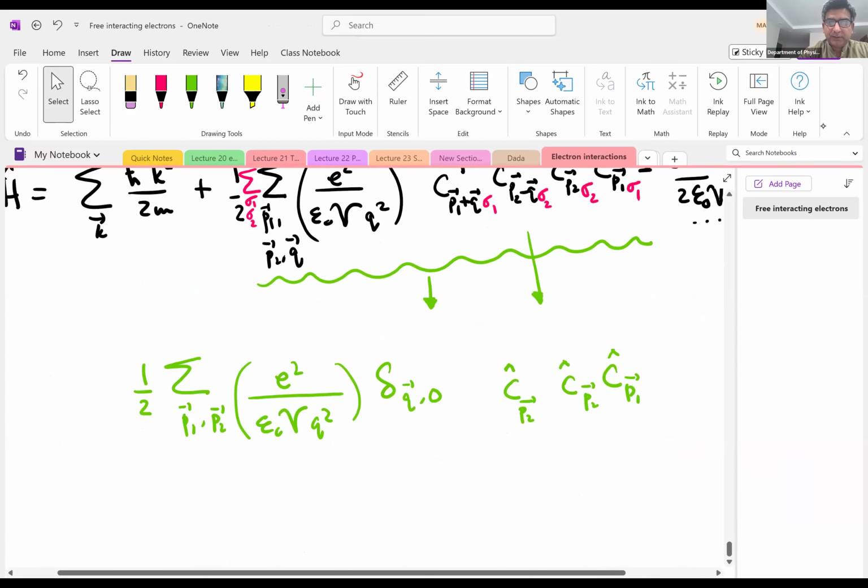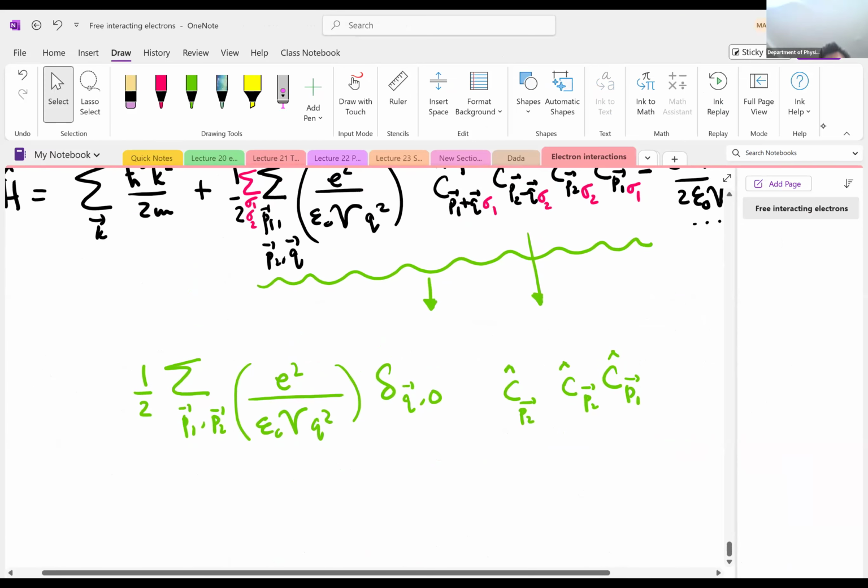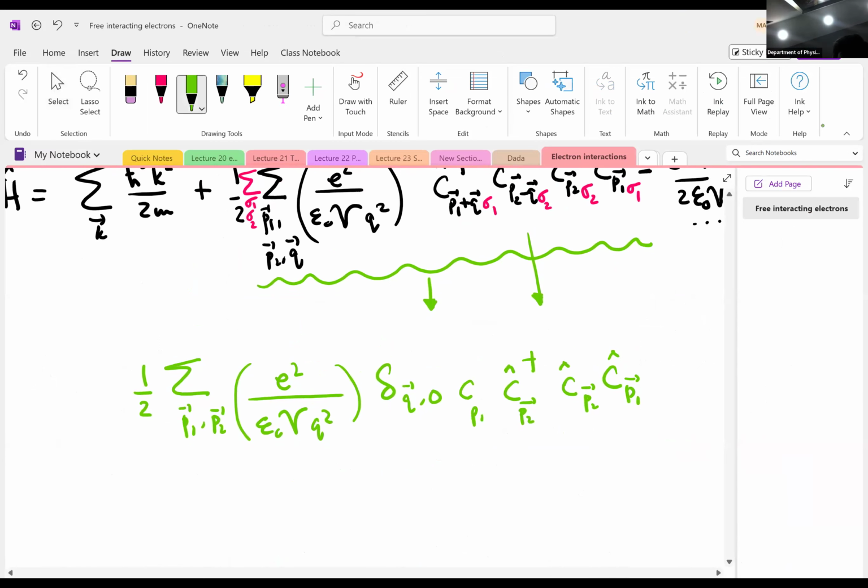So overall, what I have is CP2 dagger CP1 dagger. So this is this term over here.